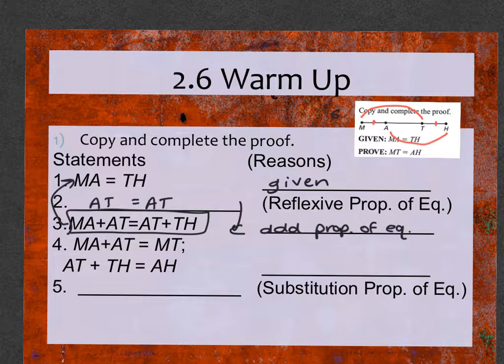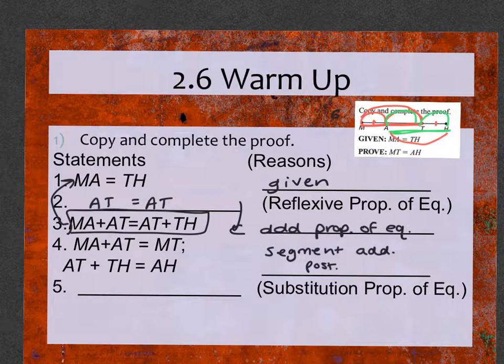Now 4 says MA plus AT equals MT, and AT plus TH equals AH. What is that? Good. Because we're using the picture to say that MT is the sum of MA and AT, and that AH is the sum of AT and TH.